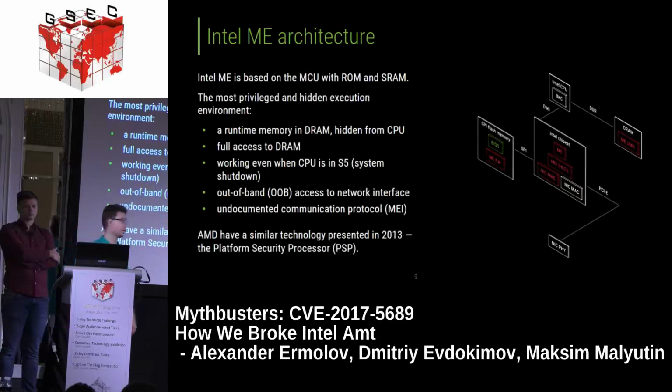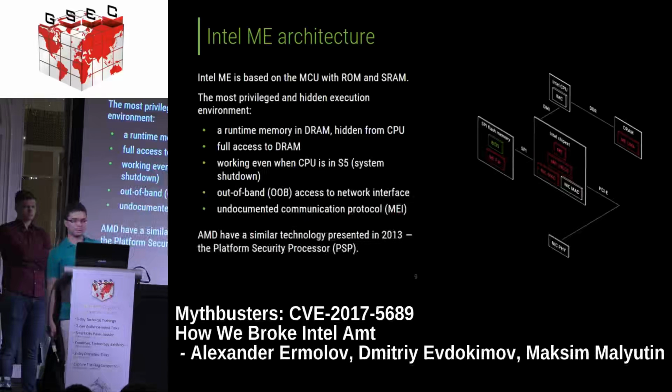It consists of a MAC-level controller, the host embedded controller interface or management engine interface, UMA memory in DRAM, and the ME firmware, which is stored alongside the BIOS on the SPI flash.